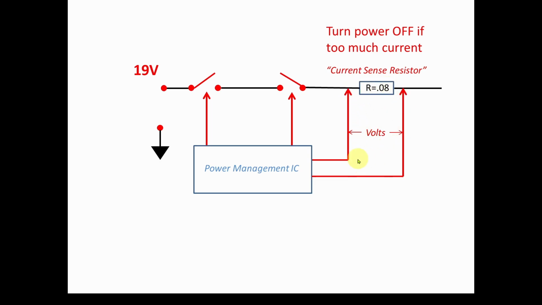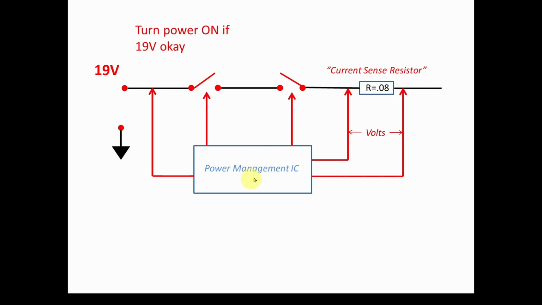So it's going to measure that, but you also need to tell the integrated circuit, hey, here is the value at which I want you to say there's too much current, open these switches. So you're also going to need some circuitry where you as a user tell this power management IC what's acceptable and what's an overcurrent where you need to open the switch. So basically we're going to take voltage in these 2 pins, and it's going to say, okay, if it exceeds the value that the user set, if it's over 0.2 volts, that means it's too much current, therefore I'm going to send a signal to these switches.